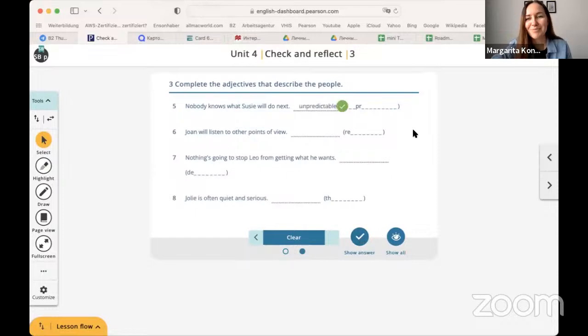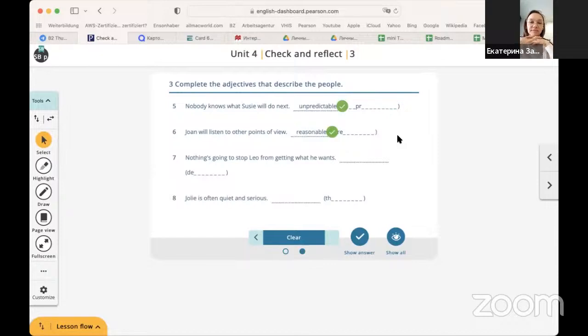Very good. Yes, go on. John will listen to other points of view. I don't know. Okay. Reasonable. Yes. Good. Because of reason, he will listen to points of view, so he's reasonable. Nothing's going to stop Leo from getting what he wants.